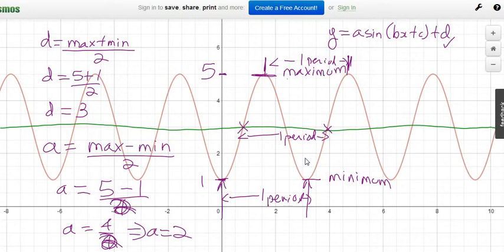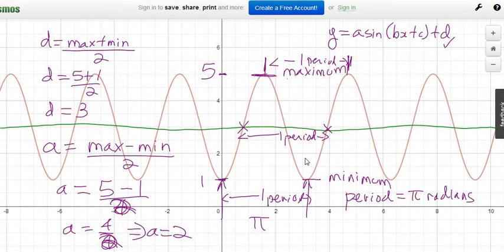It goes from 0 to, okay, a little bit over 3. So what do we say that would be? We'd say it'd be pi, right? Pi radians, 3.14. So our period is pi radians.